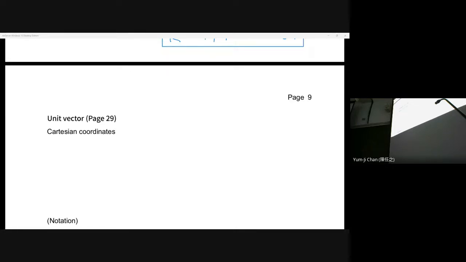Say we have the force F here, and if we have an x direction and a y direction, we can break this force down into Fx and Fy, and we mark an angle theta here.